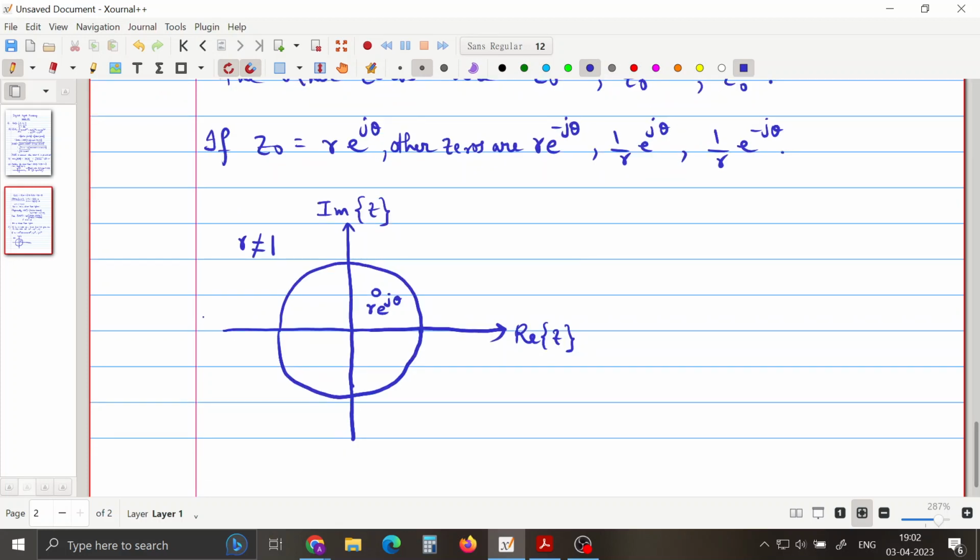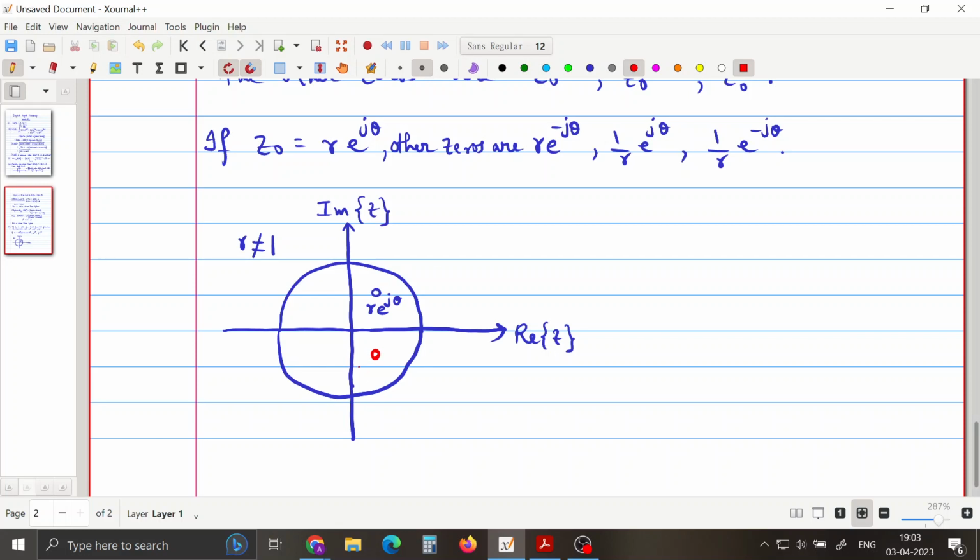So if you have this 0 at r e power j theta, one of the other zeros is at r e power minus j theta, which is its complex conjugate. I'll use another color, so you'll have another 0 here.